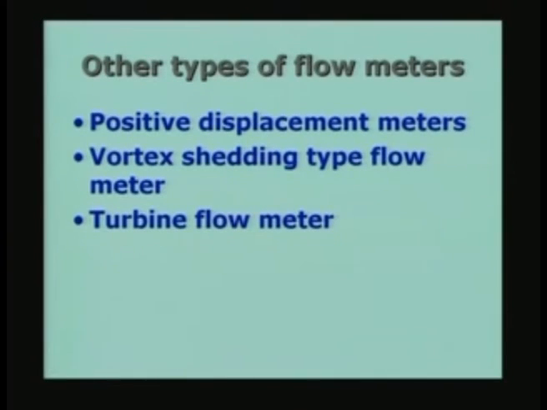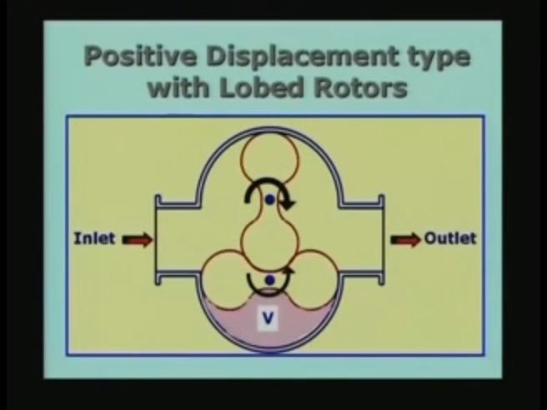The positive displacement meters, then I have got the vortex shedding type flow meter, and lastly the turbine flow meter. The positive displacement meters are characterized by, you have a device which is going to send a measured volume of the material from one side to the other side. So, what do I mean by that?